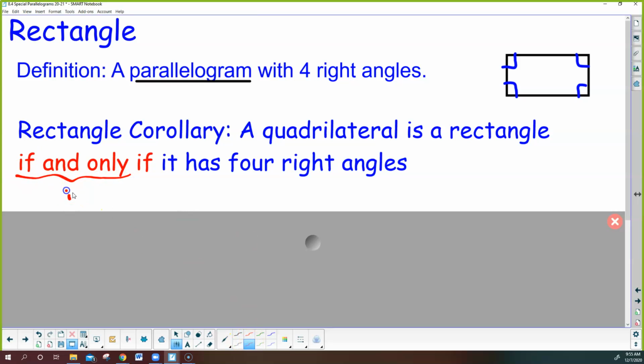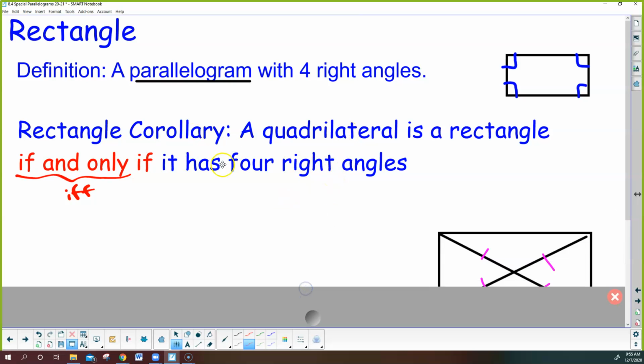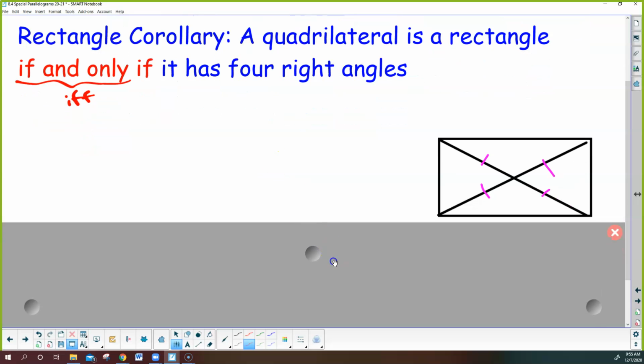So they're going to rewrite this as IFF. I know it looks weird. It's not if, it stands for if and only if. So that's just saying that the only way it can be a rectangle is if it has 4 right angles. Because if we flip that around, if a quadrilateral has 4 right angles, then it has to be a rectangle. So you don't really need to write that part down.